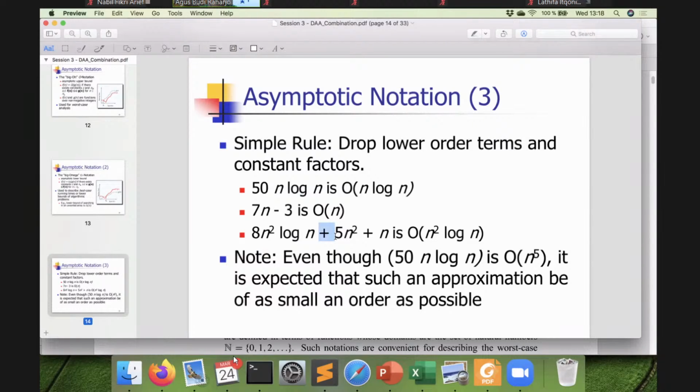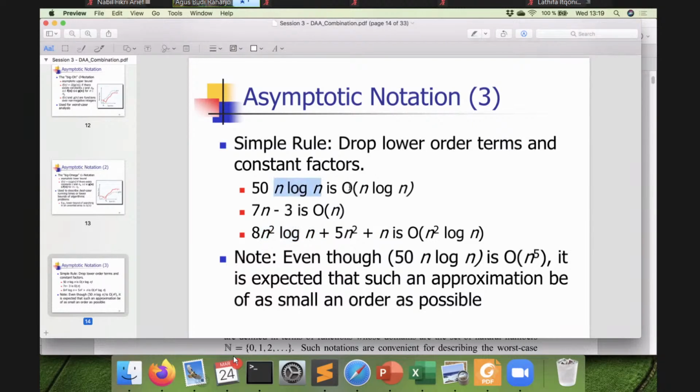If you run a program on a computer which has parallel, multiple processors, normally this one and this one will be calculated simultaneously, at the same time, in parallel. So that's why, furthermore, we have to understand the maximum reach or the maximum needs of resources. So that's why we consider only the highest order term.